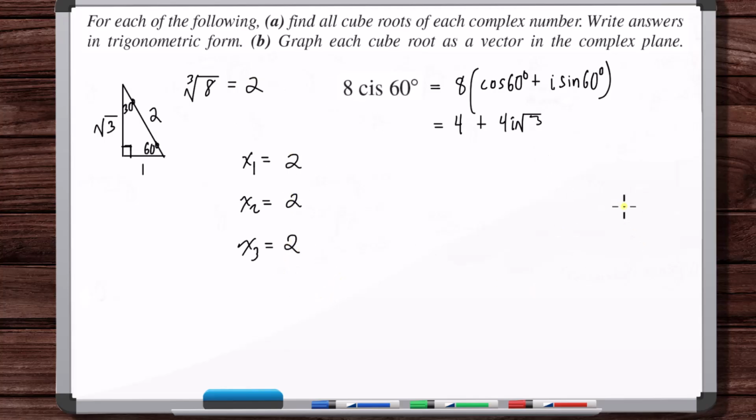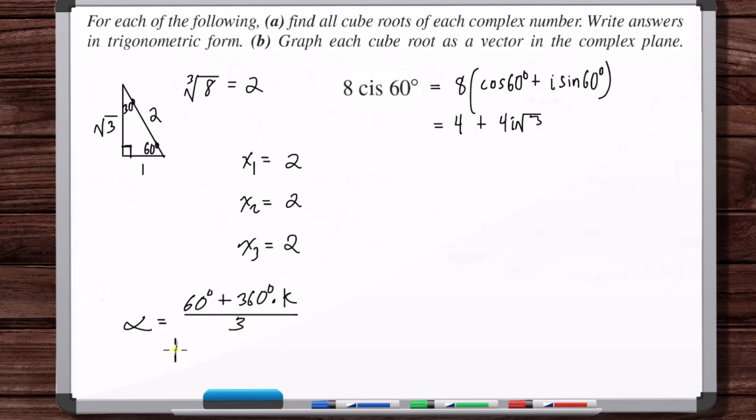That's why they're all going to be on a circle in the complex plane of the same radius, in this case 2.